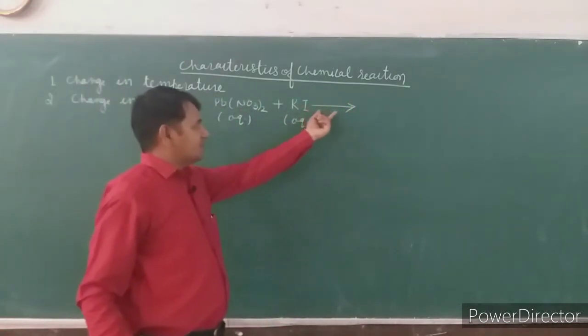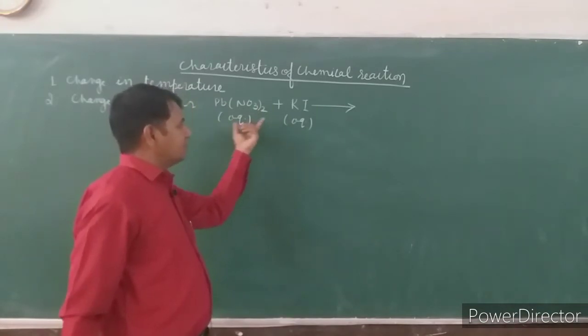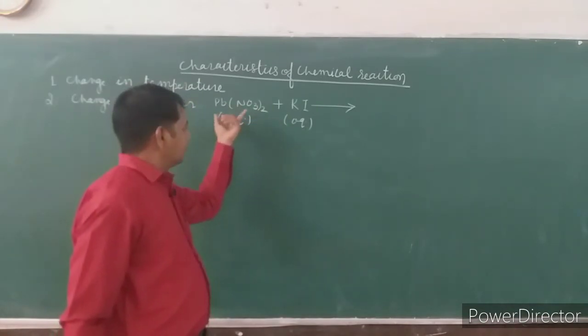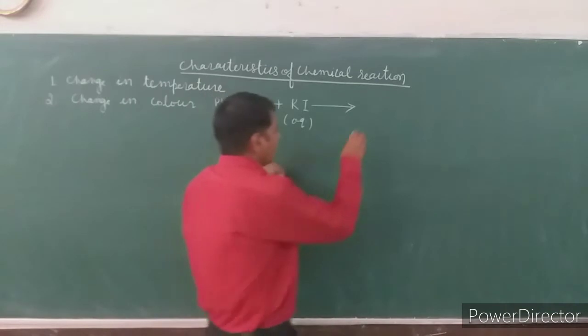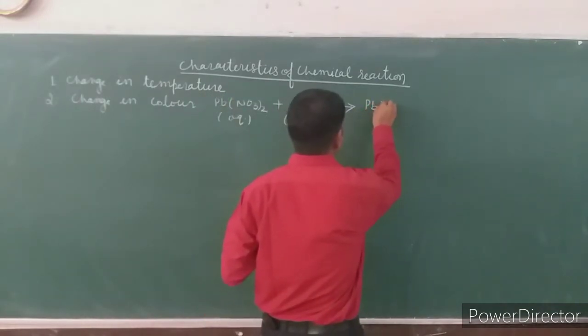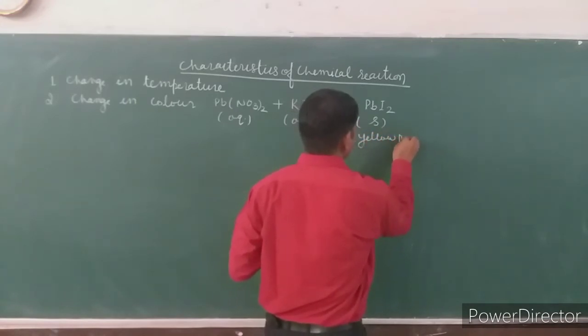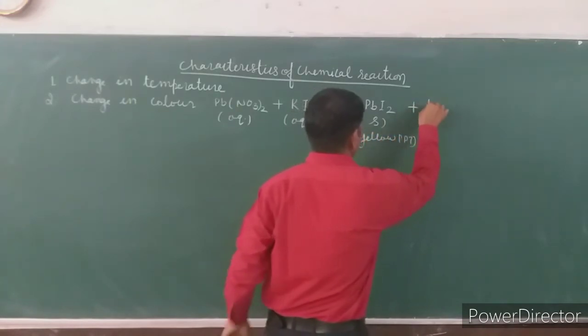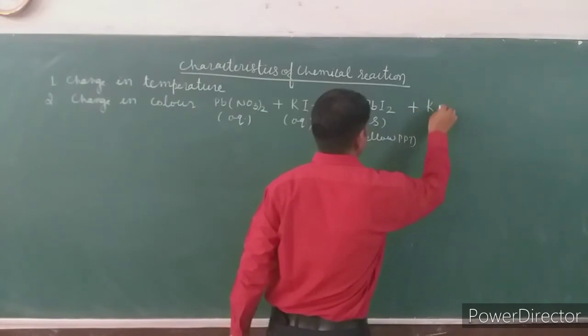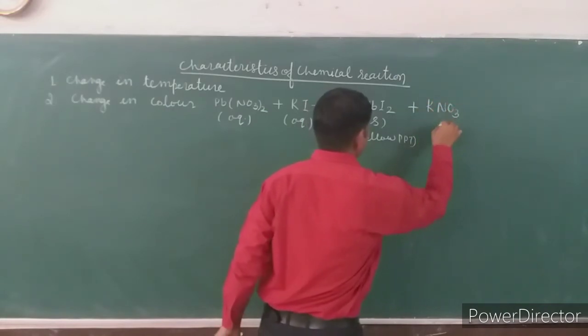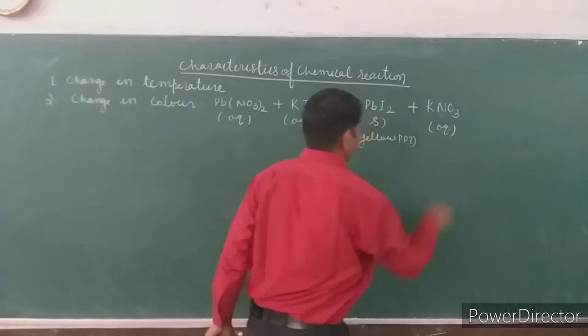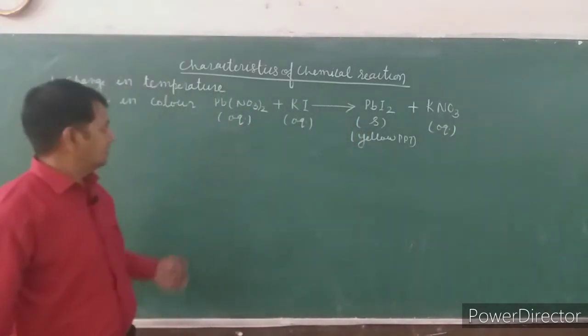Those substances which are present before the arrow sign, or on the left hand side of the arrow, are known as reactants. After combining, they form lead iodide in solid form as a yellow precipitate along with potassium nitrate, KNO3, which is present in aqueous medium, colorless.